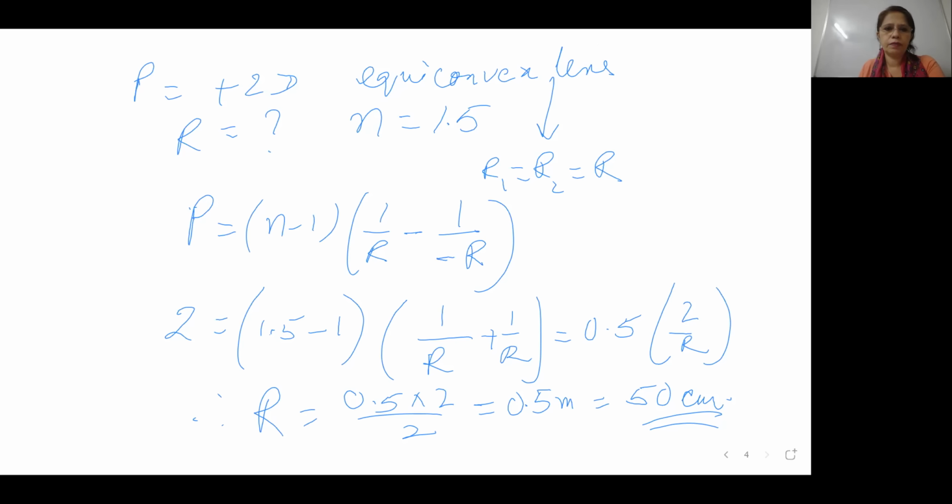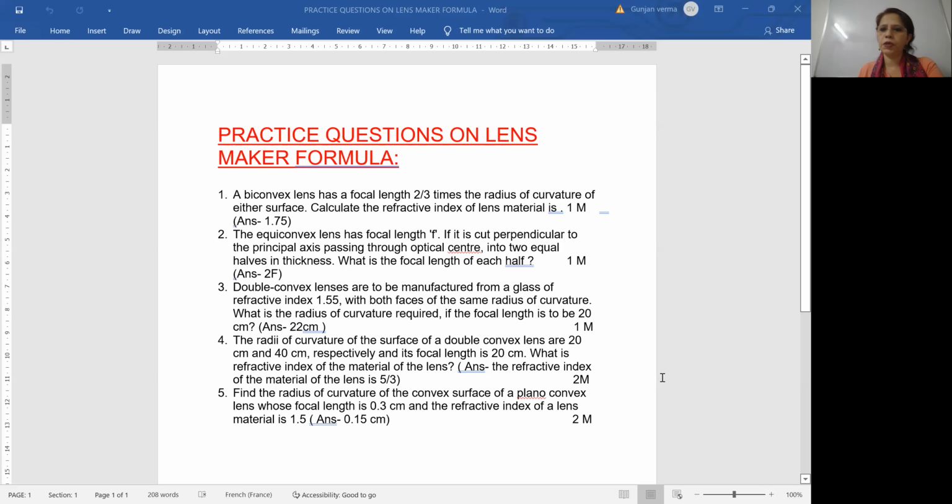So these are some practice questions on lens maker formula. You can take the screenshot and do the numericals. If there is any problem, then you can share it in your comment box. Answers are also written here. Even marks are also put there.